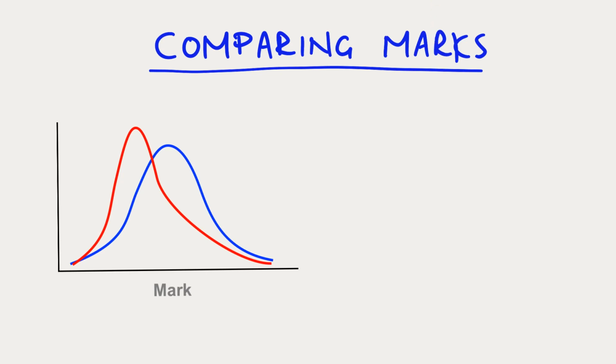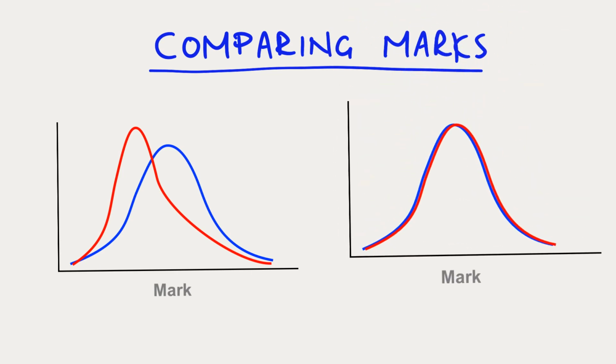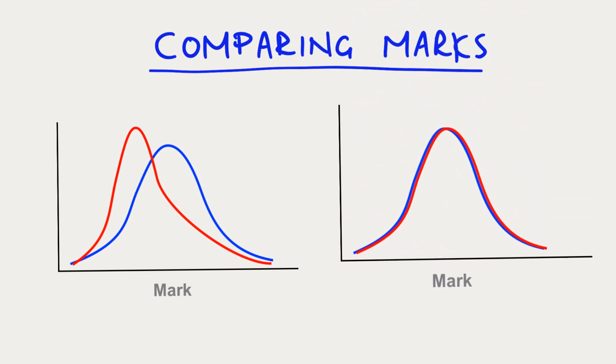Effectively we have a method of aligning the two distributions. We decide on the average that we want to have, and we also decide on the standard deviation that we want to have. After we've done that with both sets of marks, you can see the blue and the red over here, we have a better way of comparing the marks to one another.